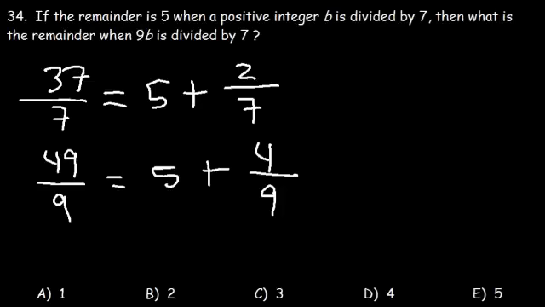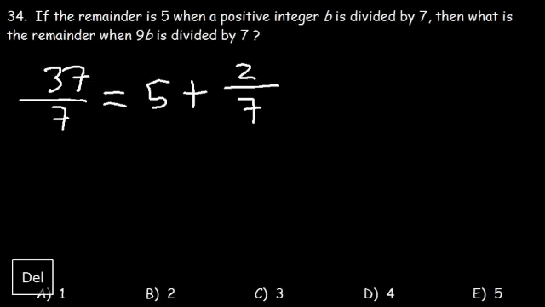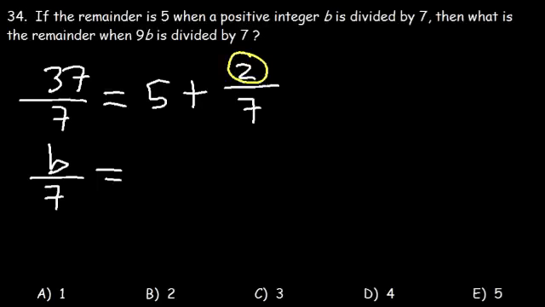So now let's see if we can apply this situation to this problem. But I wanted you to understand the process of dividing two numbers and getting the remainder. So, when a positive integer b is divided by 7, the remainder is 5, but we have to write it as 5 over 7.